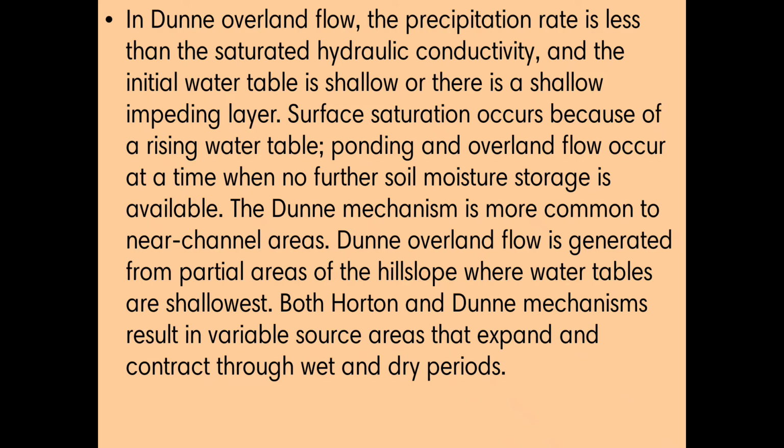The Dunne mechanism is more common to near channel areas. Dunne overland flow is generated from partial areas of the hill slopes where water tables are shallowest. Both Horton and Dunne mechanisms result in variable source areas that expand and contract through wet and dry periods.